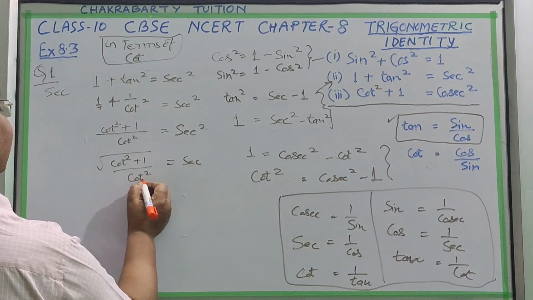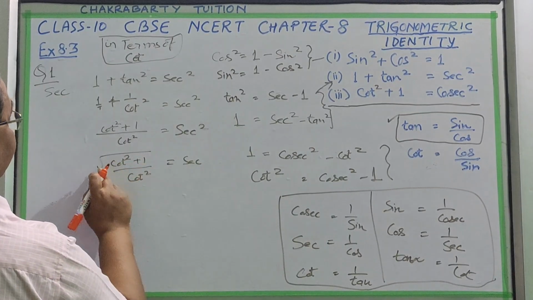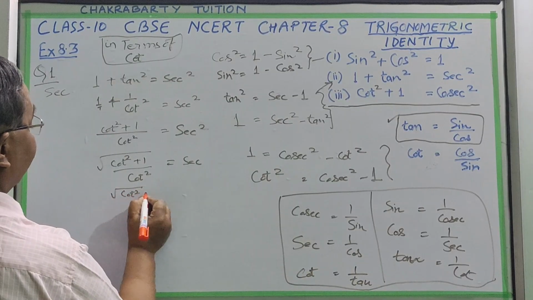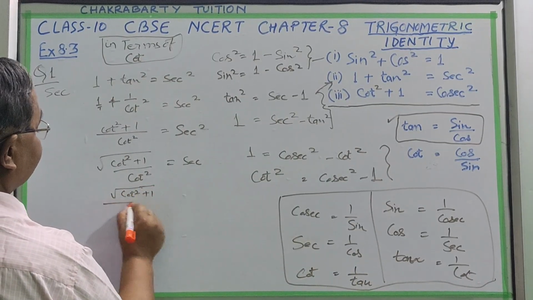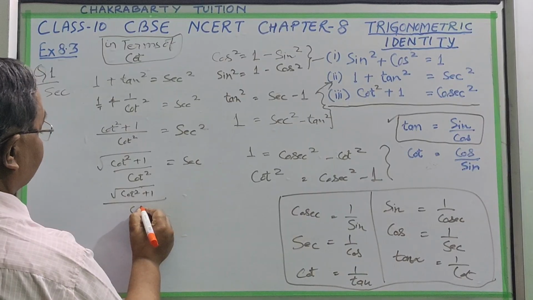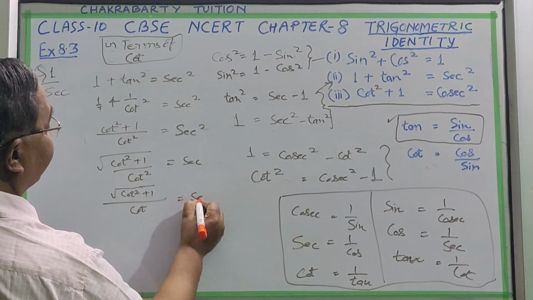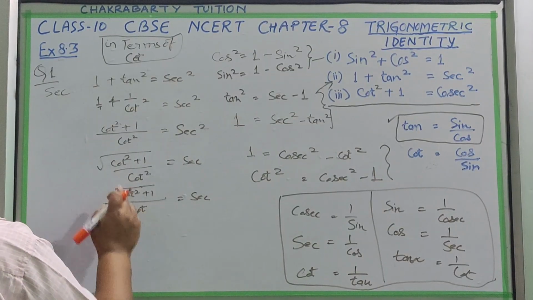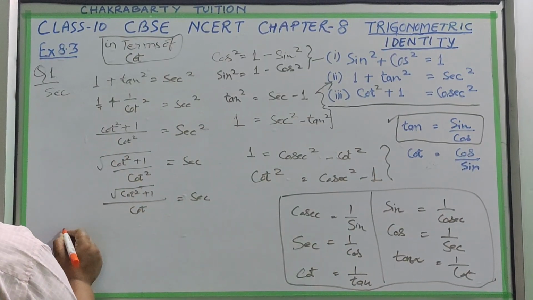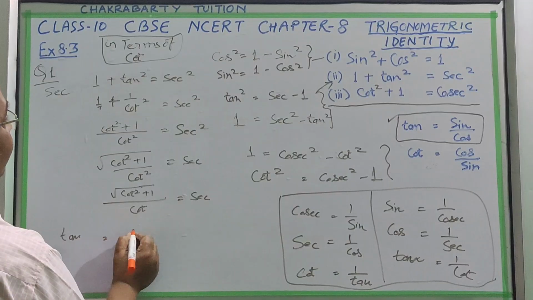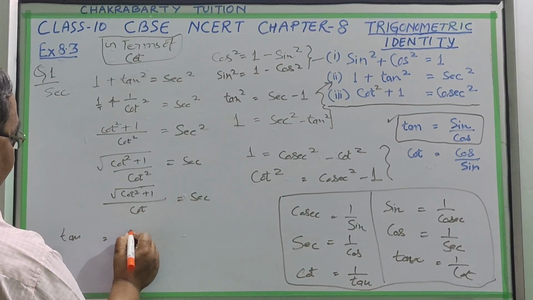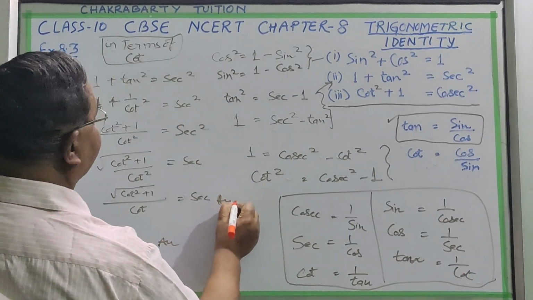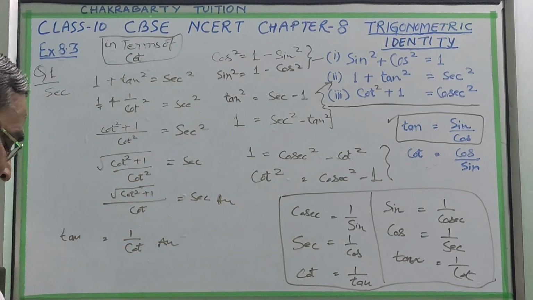So this from the root we can take out, because it is a square. So the answer will be root of cot square plus 1, and this we will write upon cot. Equal to sec. Okay, in the sec we have defined in terms of the cot, and tan we have already defined that tan equals 1 upon cot. This is your third answer. This is your answer. So likewise this question number 1 is over.